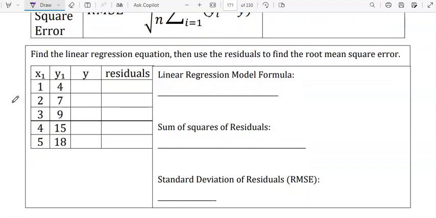Find the linear regression equation, then use the residuals to find the root mean square error. To find the linear regression, we can put it into a calculator. Let's go to desmos.com/calculator.